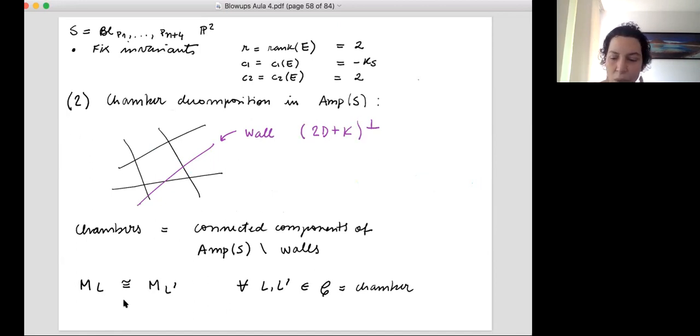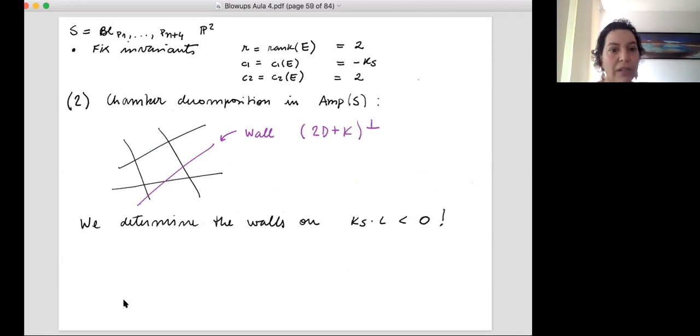And so what we do then is to determine all the walls, well, not all the walls for change of stability, but we determine all the walls on the side of this space of divisors where polarizations intersect K negatively.